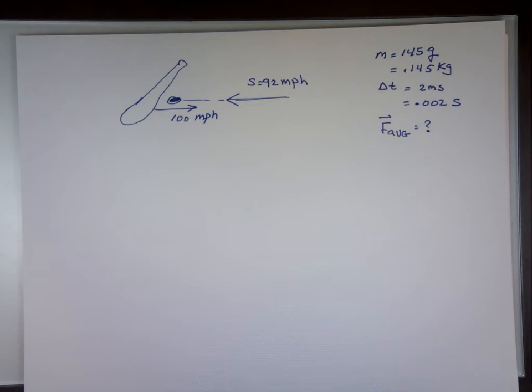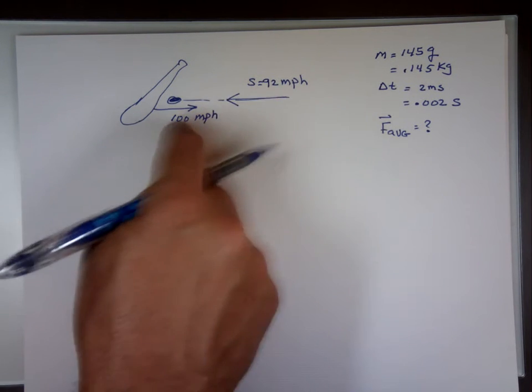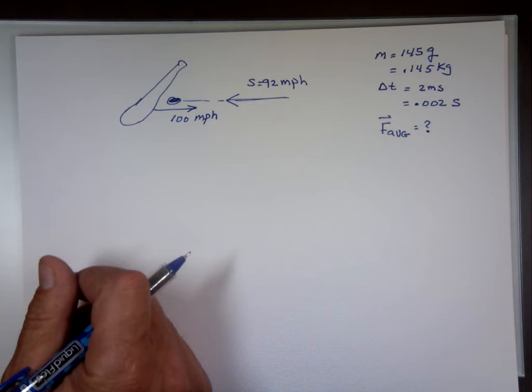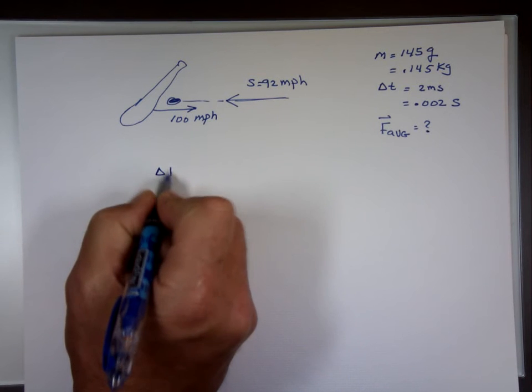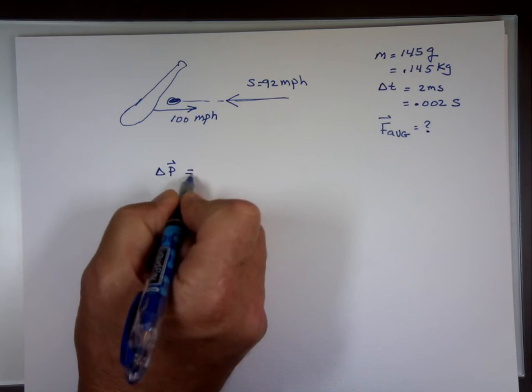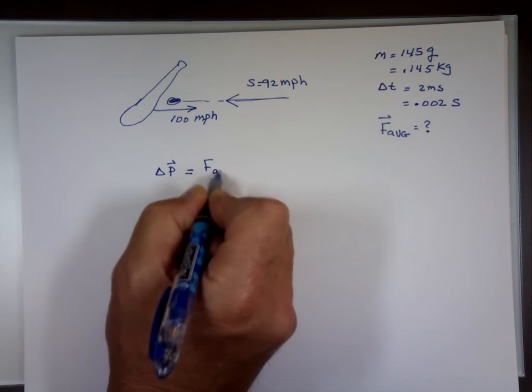I gave you the speed and the mass of the ball there. Well, let's watch that ball. We know the change in momentum is equal to average force times the time.